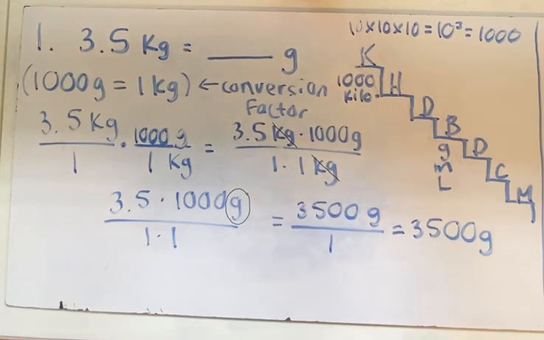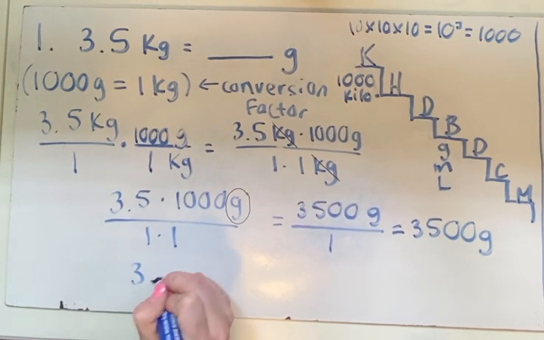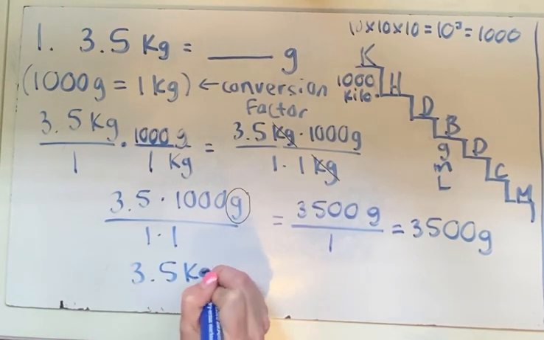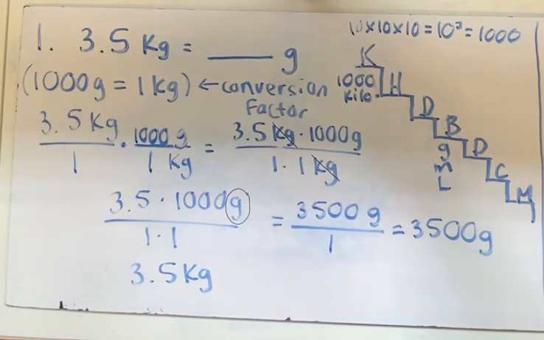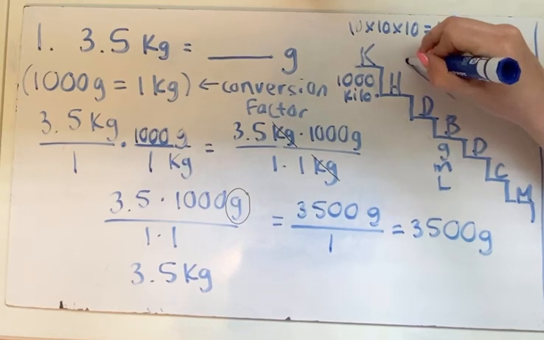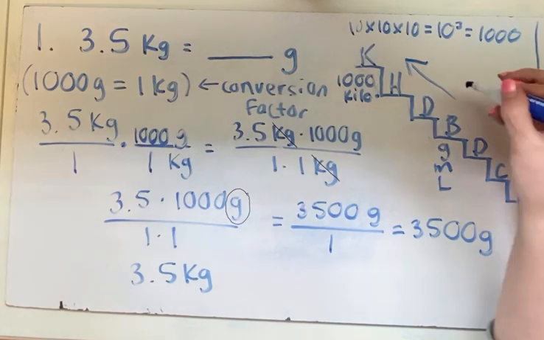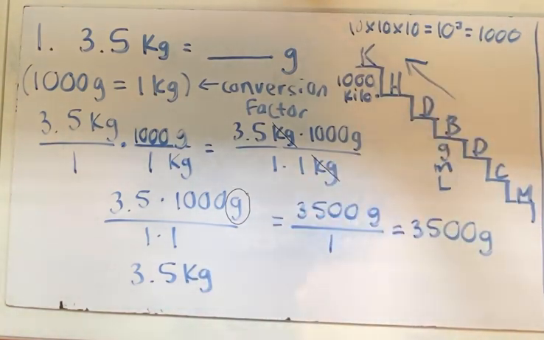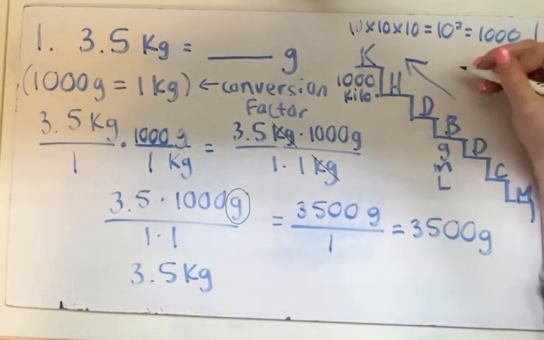Okay, now to show you the way with moving the decimal place back and forth. If you wanted to start off with what you know, just like we did before, 3.5 kilograms is what we know. And we want to move the decimal place to the right. So anytime you go up on the metric staircase, you're moving the decimal place to the right. Let me get a smaller pen.